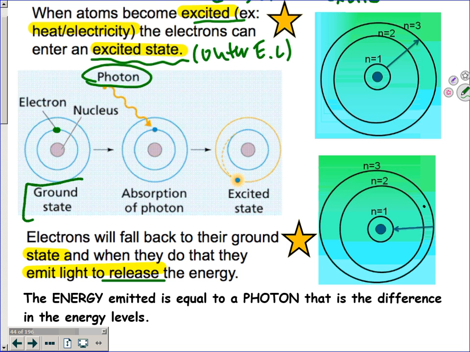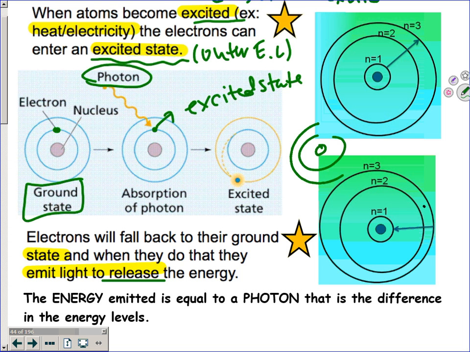Ground state is the initial state, and it will be the final state once the excitement has taken place. So you start off in your ground state, you excite your electron, and it jumps up to an outer energy level. It can't stay at that excited state for long, and the electron falls back down from outside to inside.